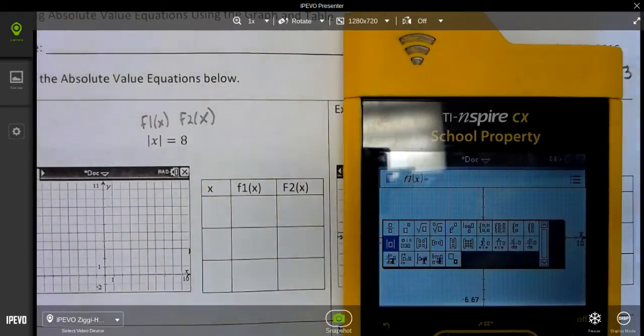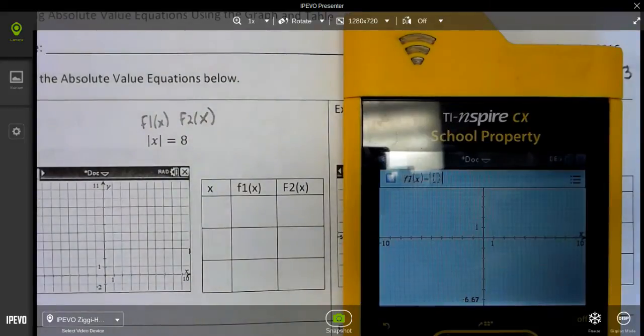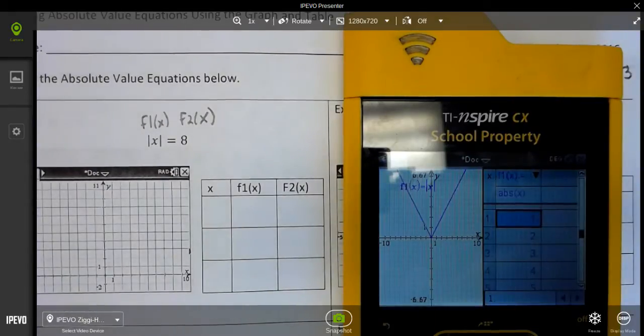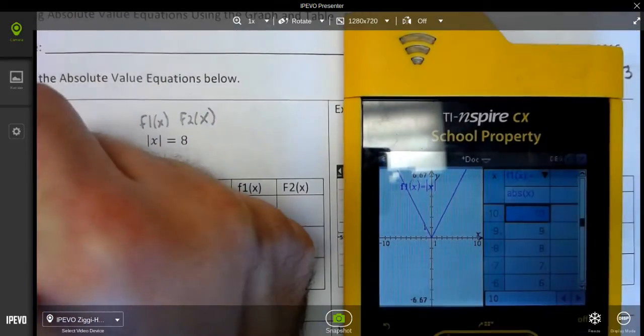And then it's this right here, and we're going to do x. And we're going to press Control T. All right, and the best way to get the points is, we know on the graph the farthest point is -10, so we're going to move all the way to -10. Okay, so we see that point is -10, 10.